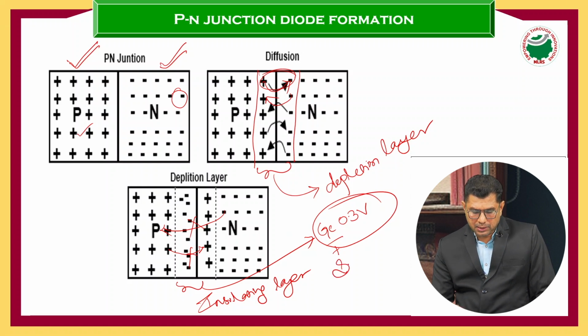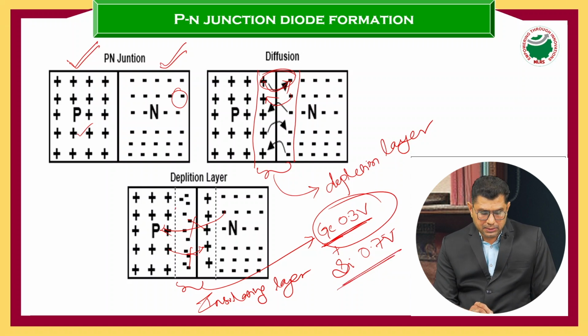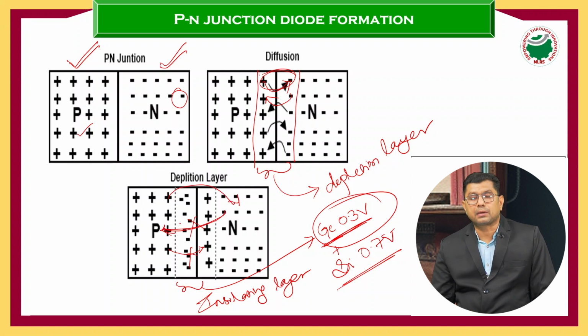And if you consider silicon, the barrier potential is 0.7 volts. Until you supply this voltage, the holes from the P side cannot enter into the N side and electrons cannot enter into the P side. What it means is this diode is electrically neutral.